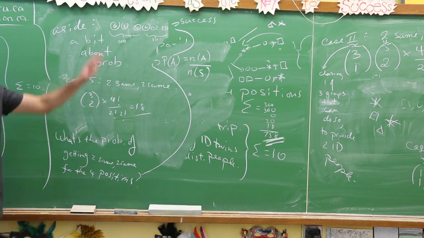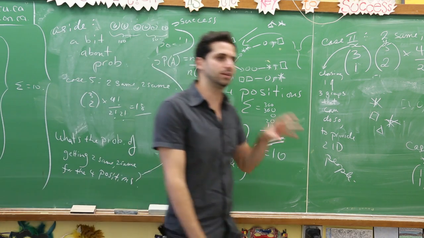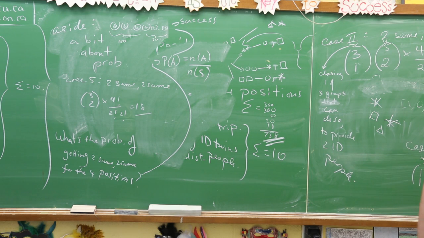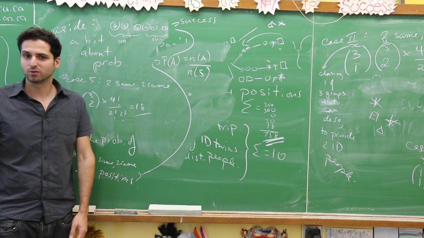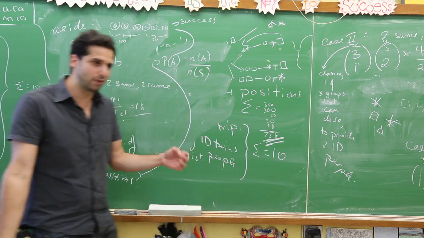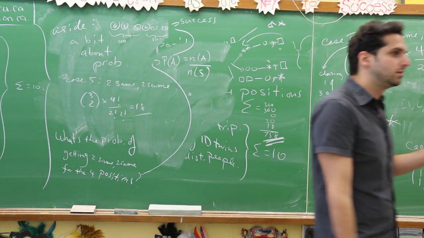Now, what's more likely? To get 3 6s or 3 3s? 3 6s, right? In fact, it would be double the likelihood, which would make sense because you have double the number of 6s.